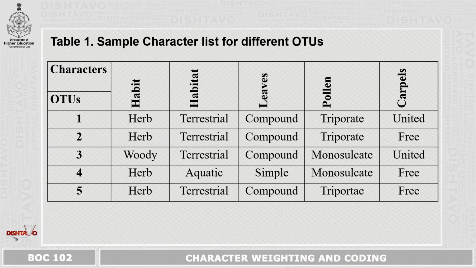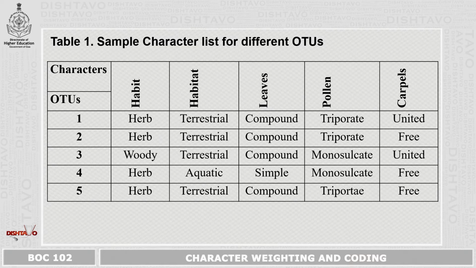This is the table. You can see operational taxonomic units in the first column: 1, 2, 3, 4, 5, and various characters, that is habit, habitat, leaves, pollen, carpels; the nature of these characters is given here.